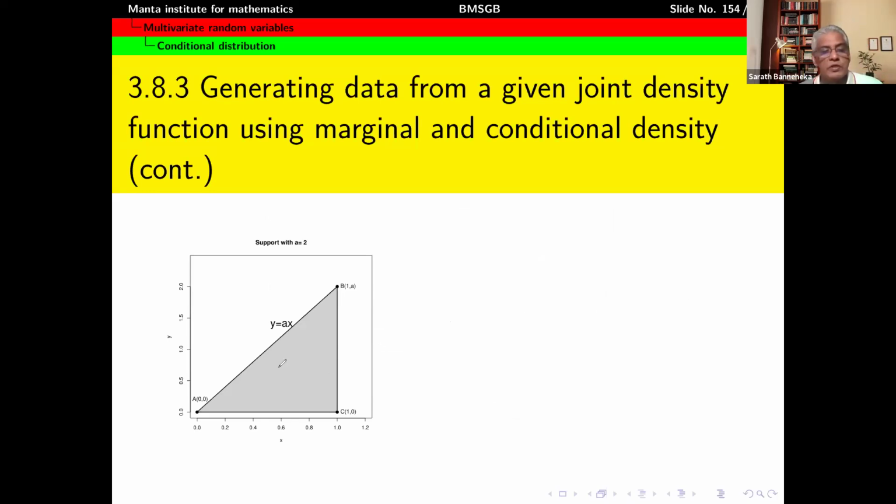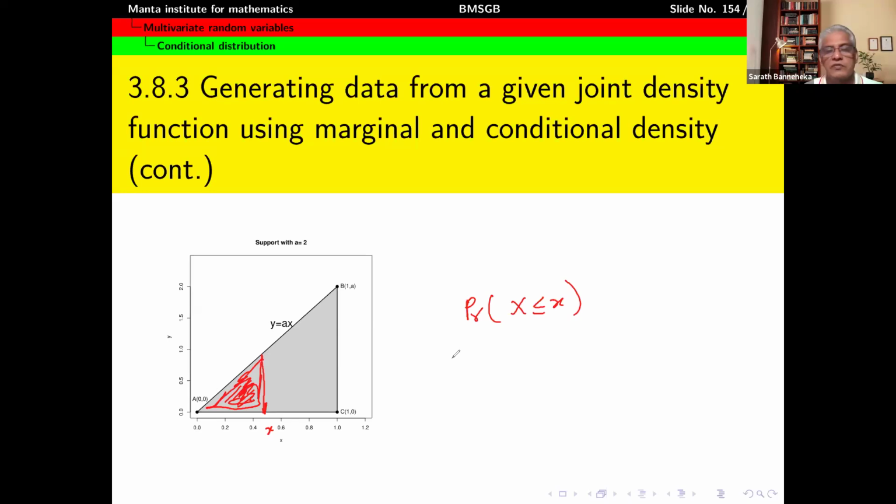So if you consider a particular x value here, we want the probability that x is less than or equal to simple x, which is equal to the volume under the joint density function over this triangle here, right?